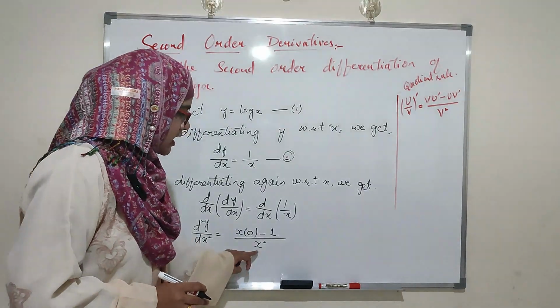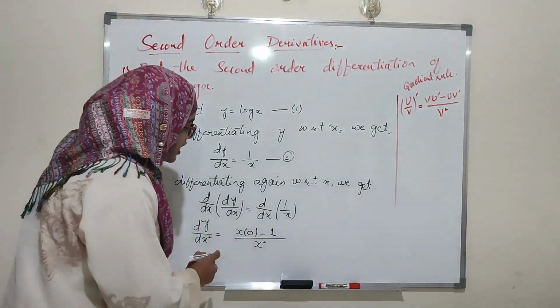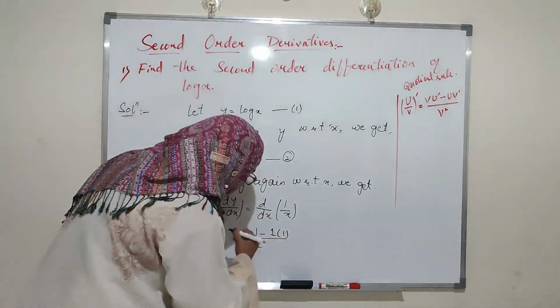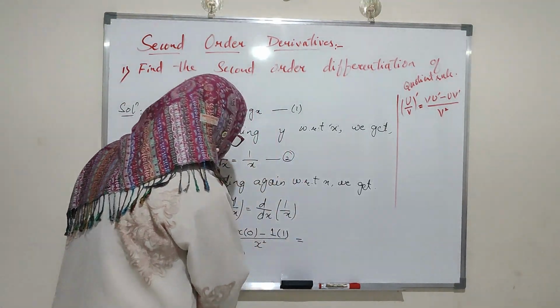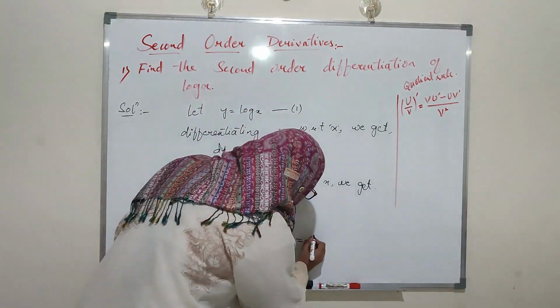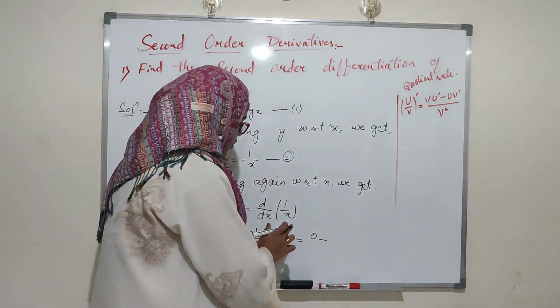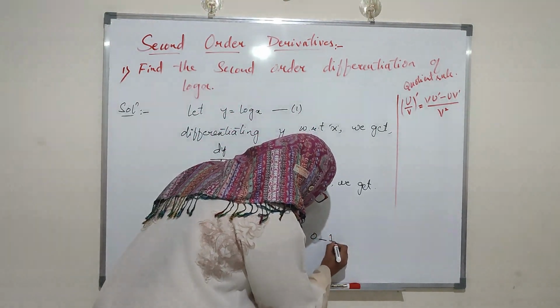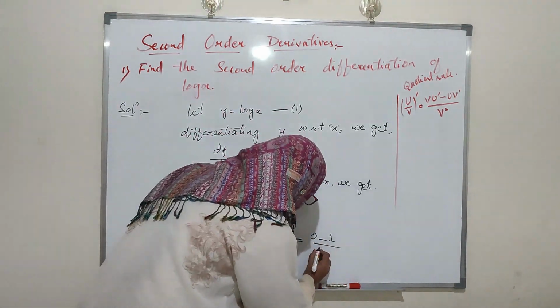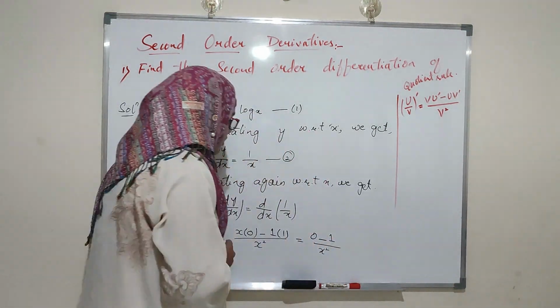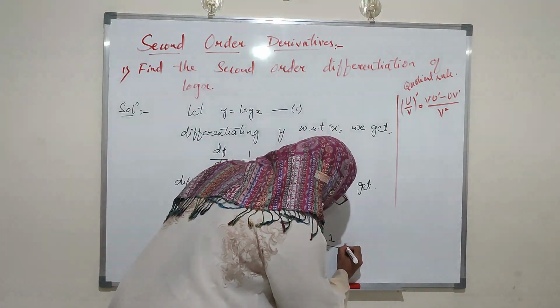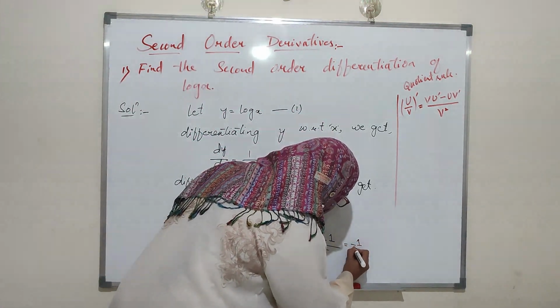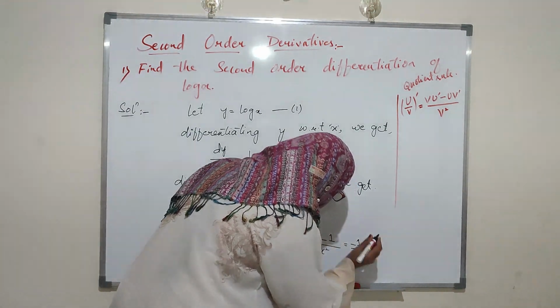Second term is here x. Differentiation of x is 1. Okay. Now is equal to x into 0 is 0 minus 1 into 1 is 1, divided by x square. So finally we get 0 minus 1 is minus 1 divided by x square.